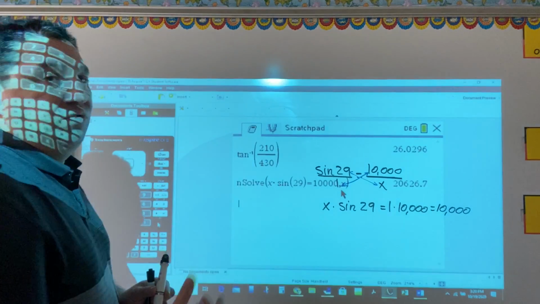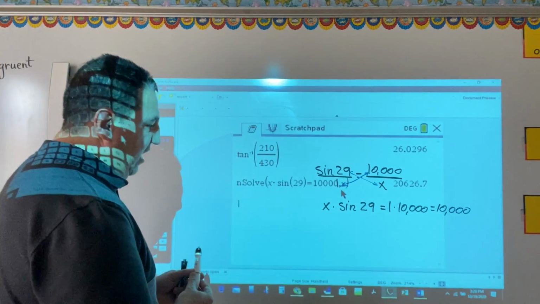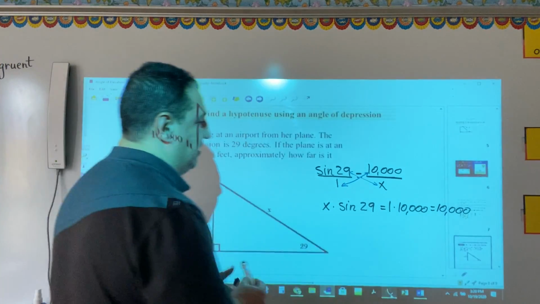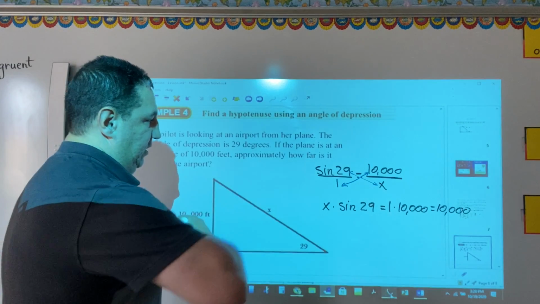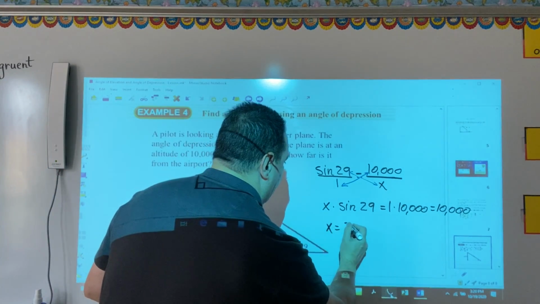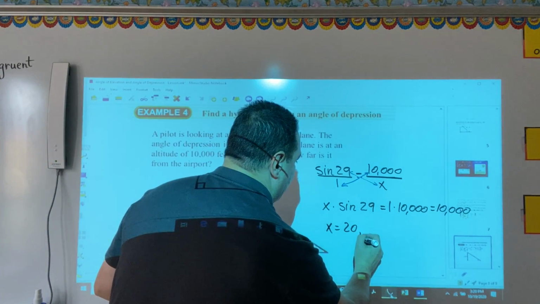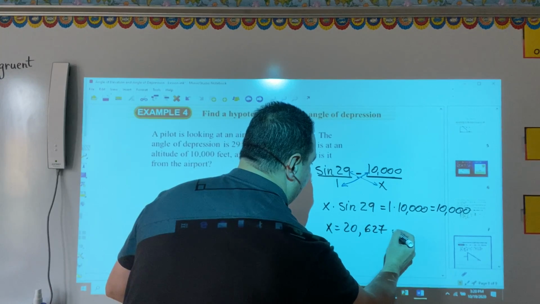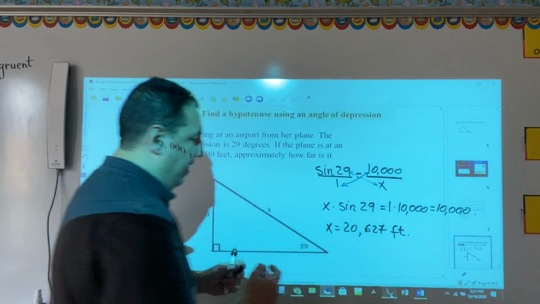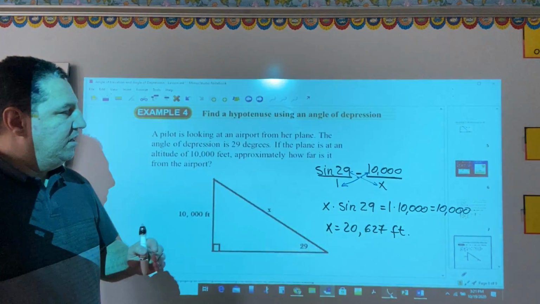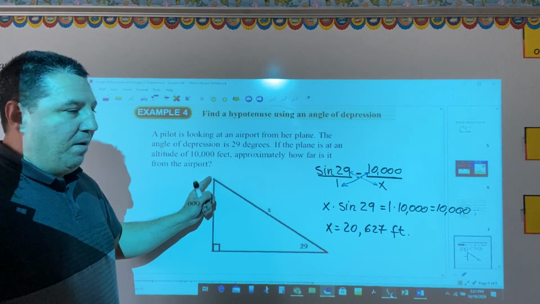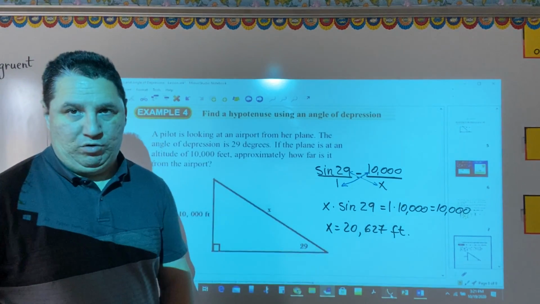We can round up to 20,627. So x will be 20,627 feet. That's the distance from the pilot to the airport.